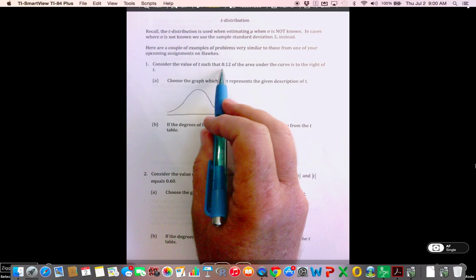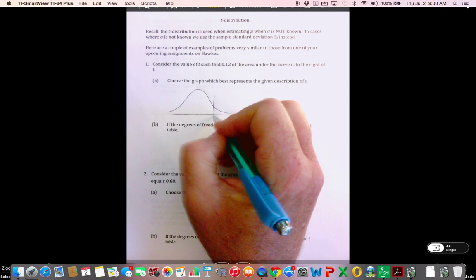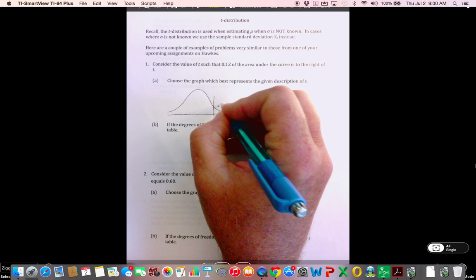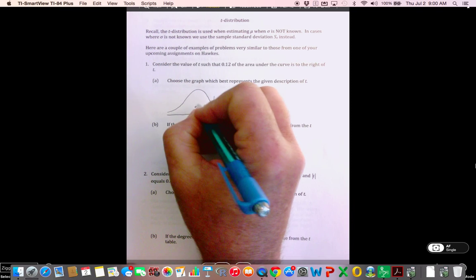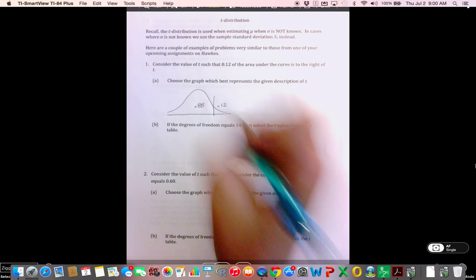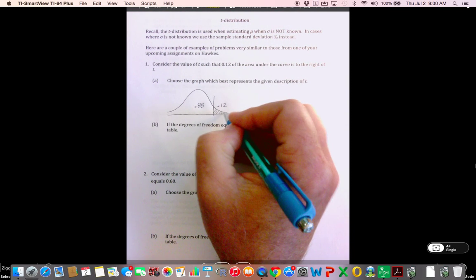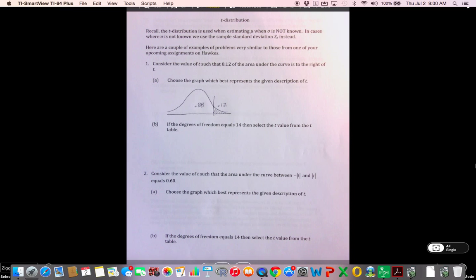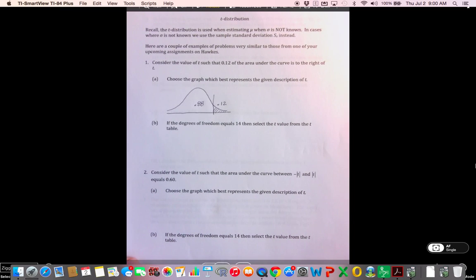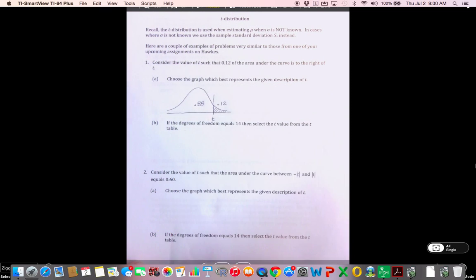We want the area 0.12 to the right, which tells me that 0.88 is to the left. So that's kind of what the graph is going to look like, 0.12 to the right of some t value.